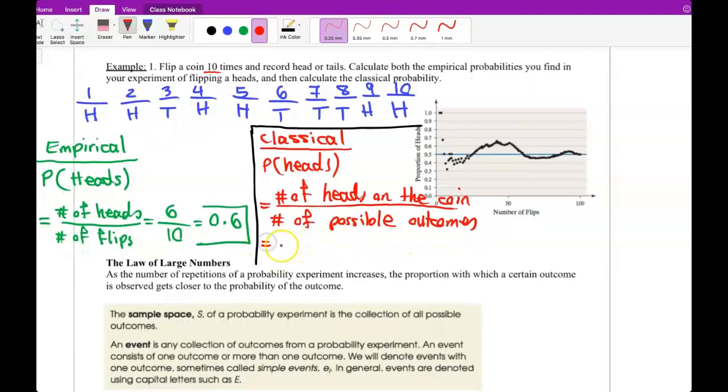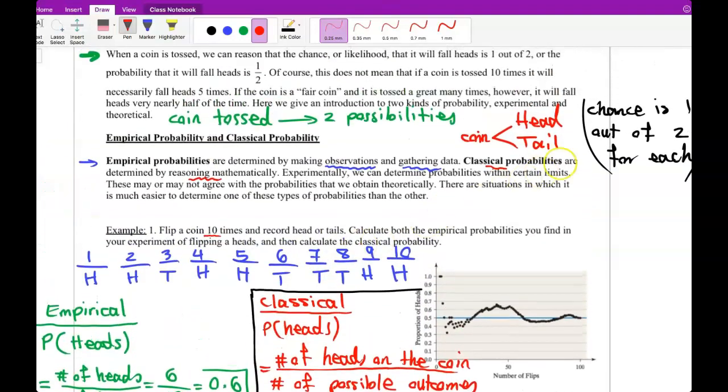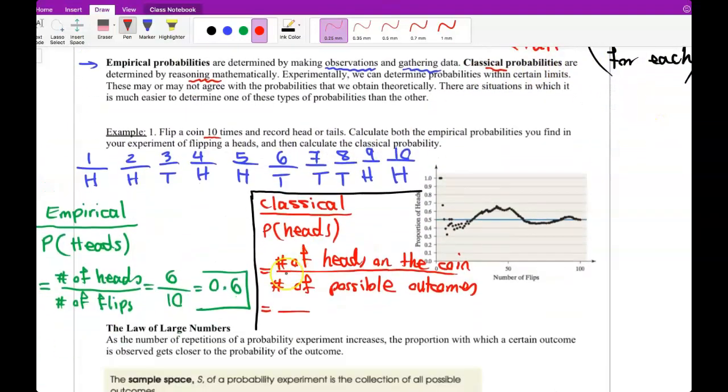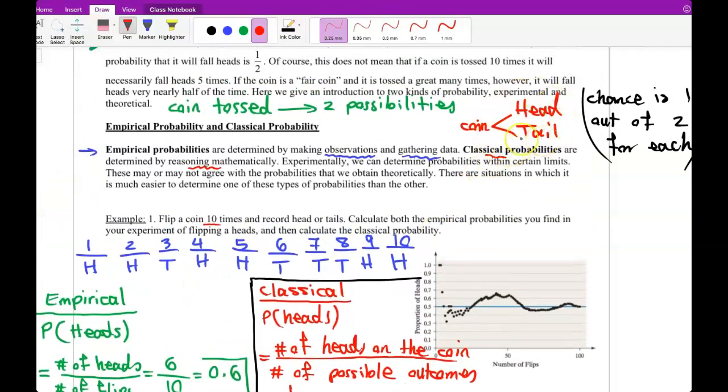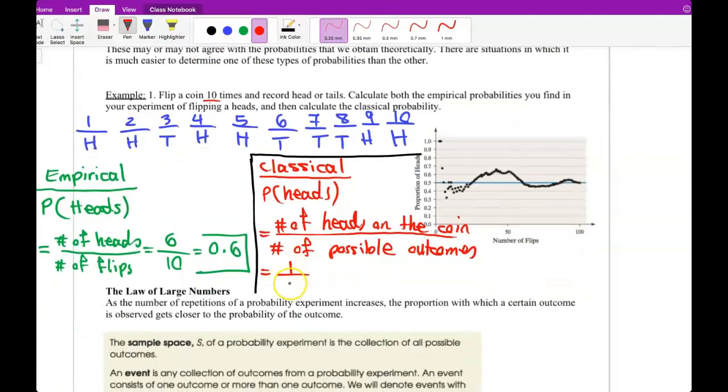For each one the chance is 1, and in total we have 2 possibilities. So that is 1 over 2, and that is 0.5.